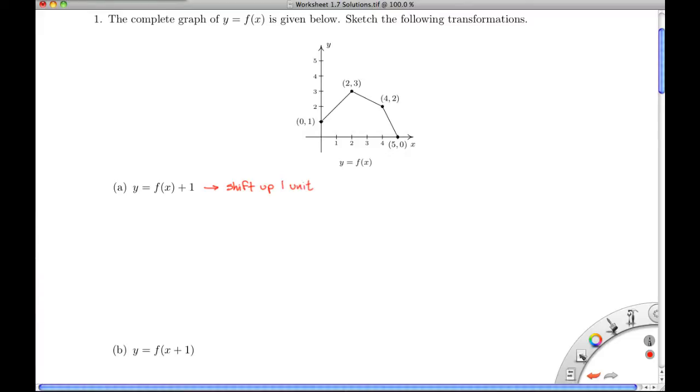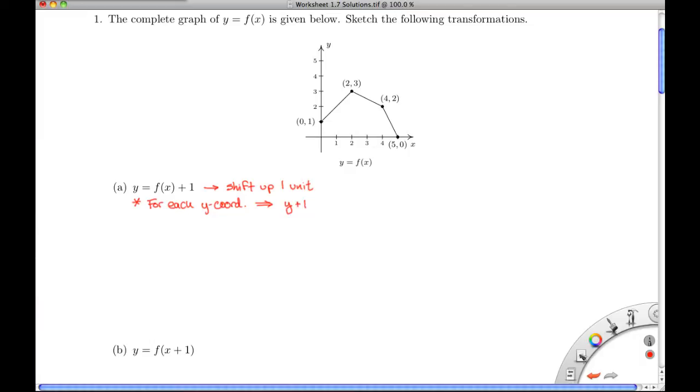So now we've identified the transformation. Let's think about how this transformation will affect each of these coordinate points. And we consider that if we're shifting up, the only thing that we're changing is the y value. And in fact, we're adding 1 to each y value. So for each y coordinate, this implies that we're going to take whatever the pre-existing y-coordinate was and then just add 1 to it.